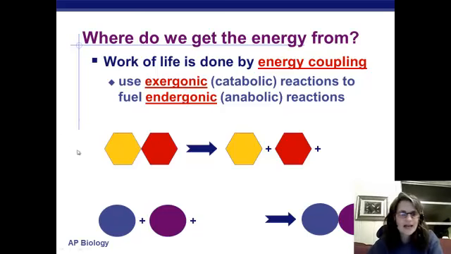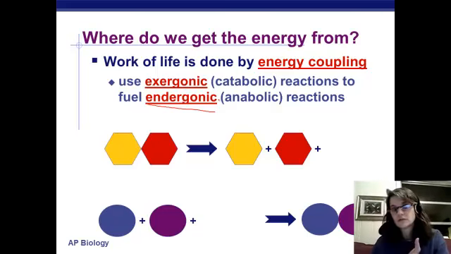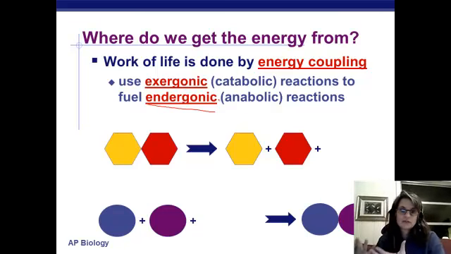We are going to use an exergonic reaction, like maybe breaking down food and getting energy out of that, and use that to fuel something that is endergonic, like maybe building up muscle tissue, for example. It takes energy. So we would take the energy released from food molecules and use it to build our bodies, which is an endergonic reaction. So exergonic energy release is used to fuel an endergonic activity.